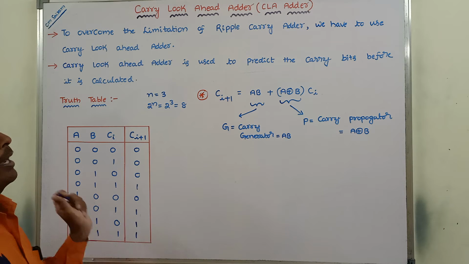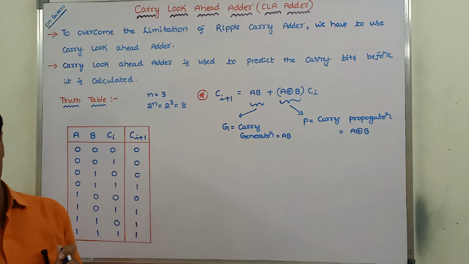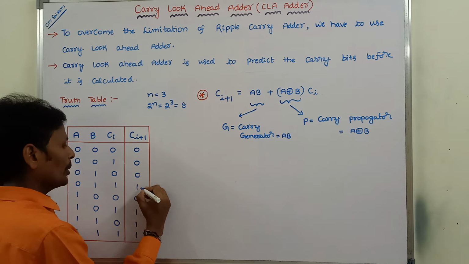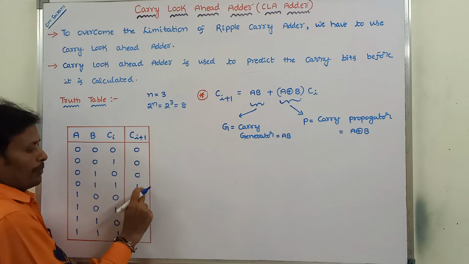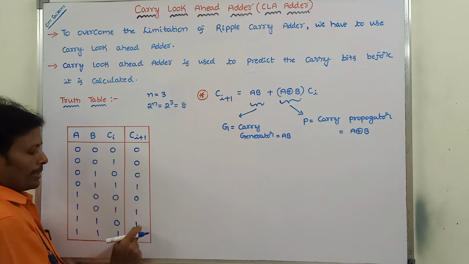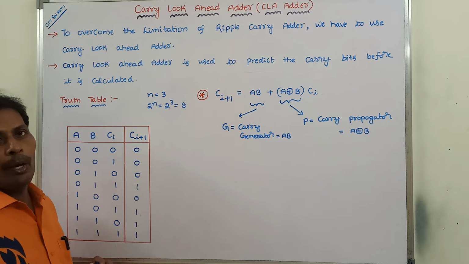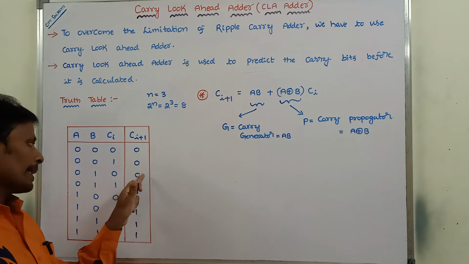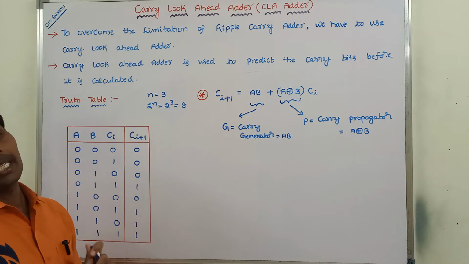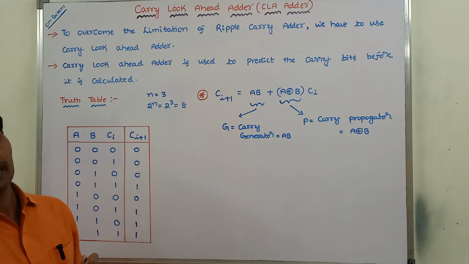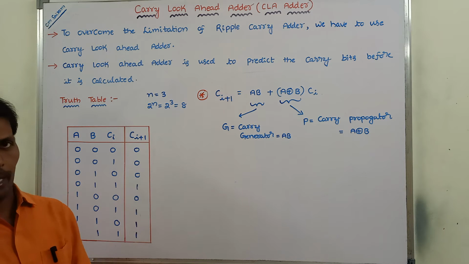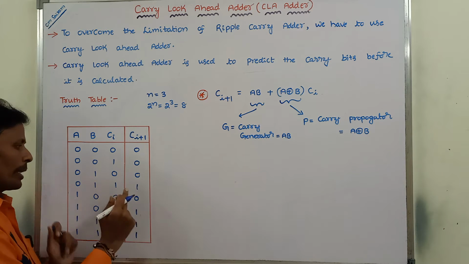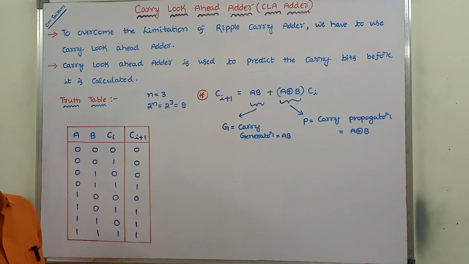Among the 8 possible combinations, we are considering only 4 cases: this case, this case, this case and this case. Why these 4 cases? In these cases, the output carry C suffix I plus 1 contains the value 1.